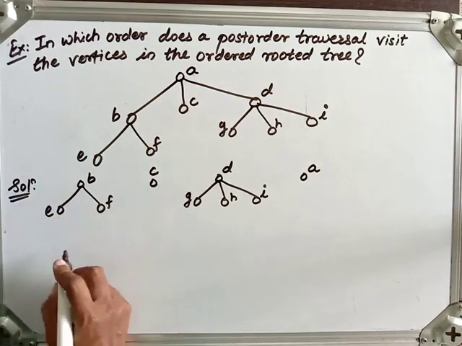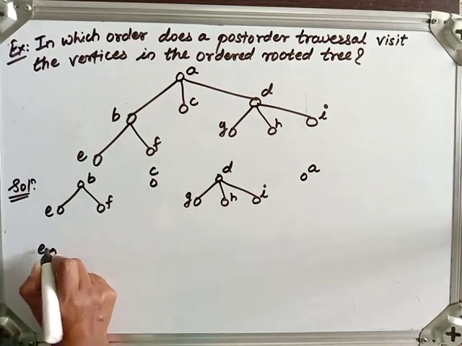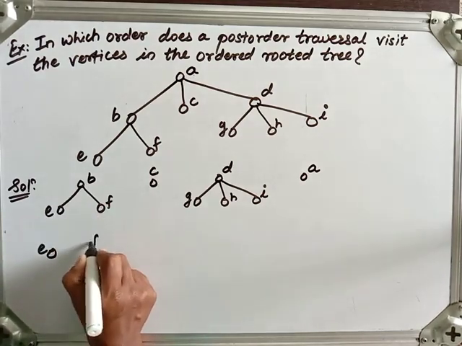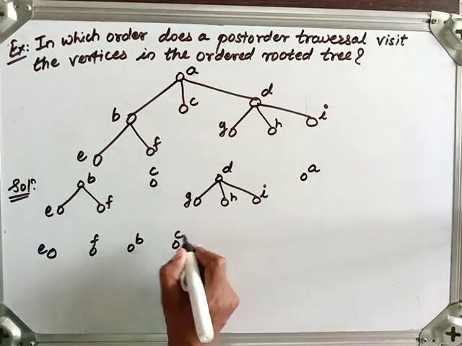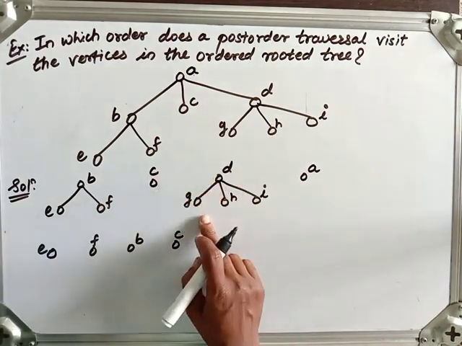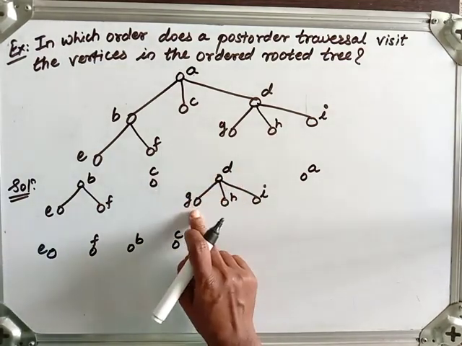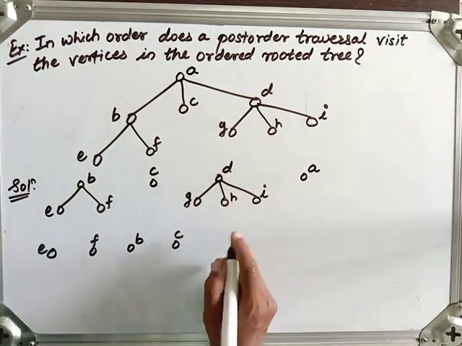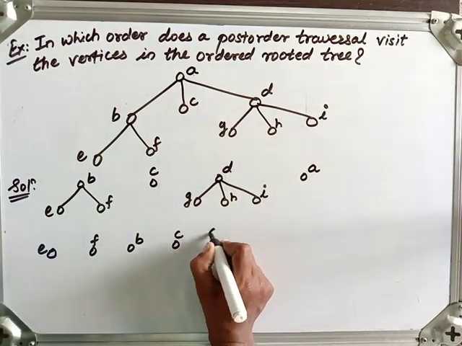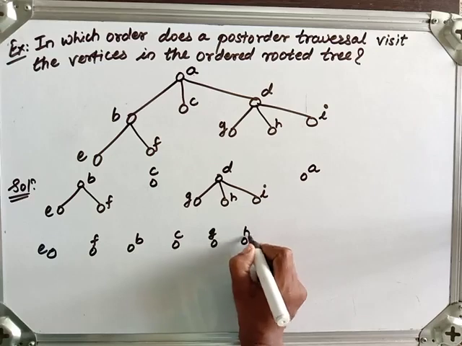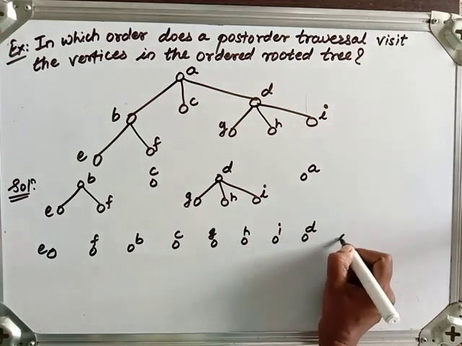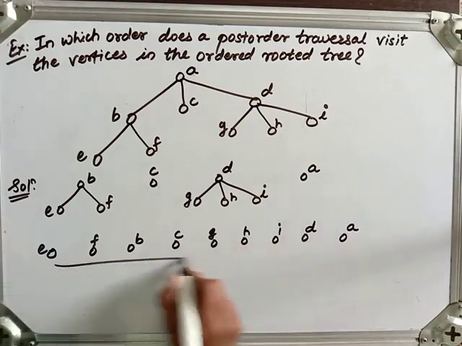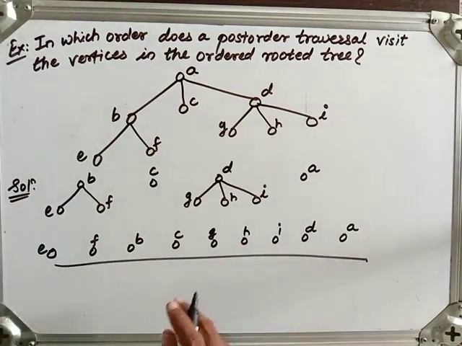So in post order we will visit E first, then F, and then B. Again this C as it is. Again in this subtree we will visit in post order. So G, H, I, and then D. D will play a role of root here in this subtree. Fine. And at last A. So this is our final answer here.